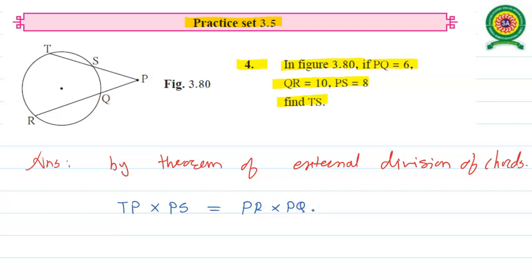Now try to replace by their values. We have TP, which is nothing but TS plus PS.